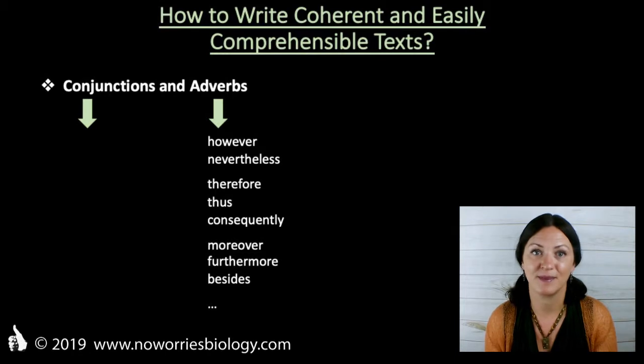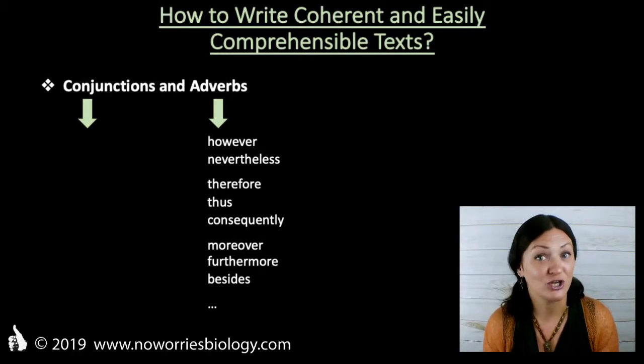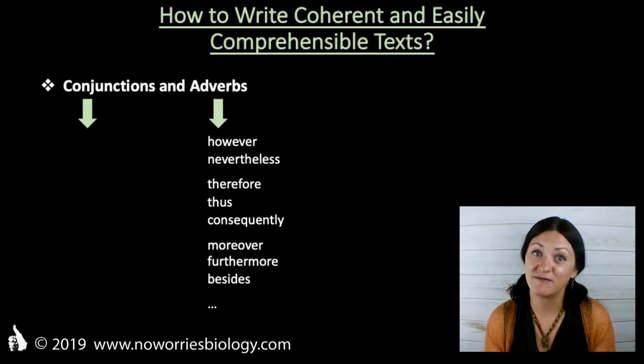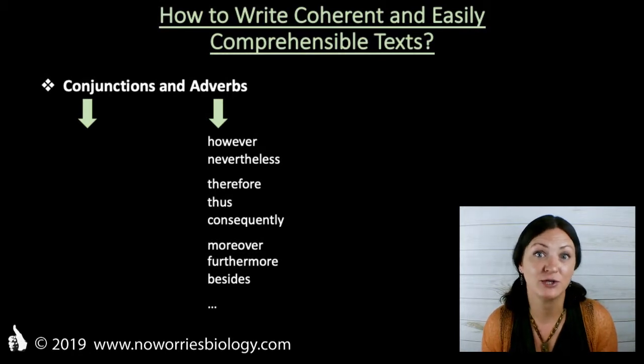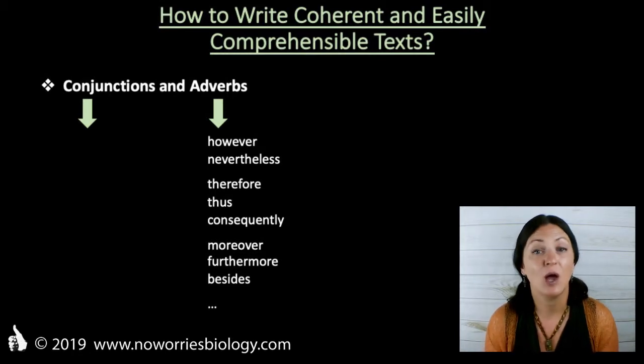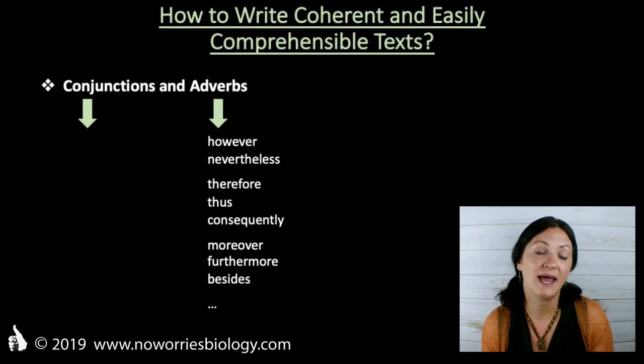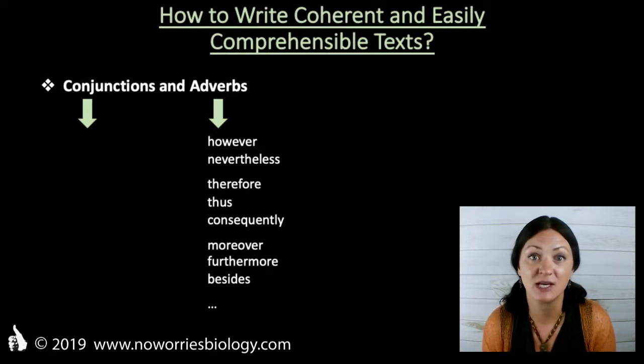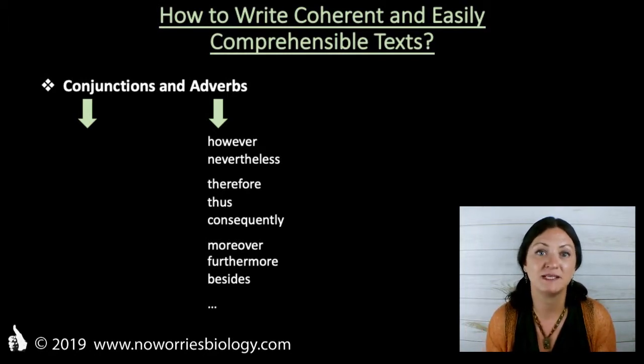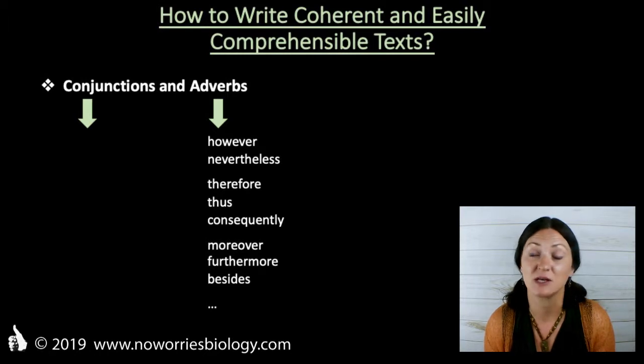etc. I also mentioned conjunctions, and more specifically, I'm mainly referring to subordinating conjunctions, which connect independent and dependent clauses in such a way that they specify the relationship between these clauses. Examples include because.